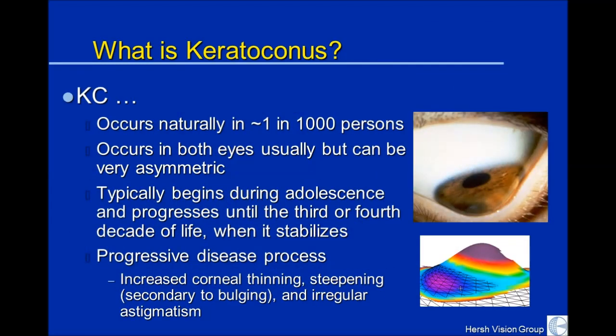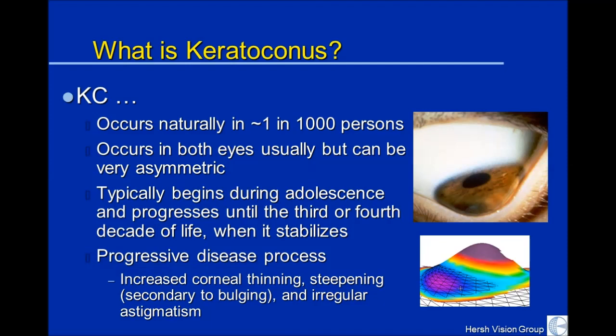Well, what causes keratoconus? Keratoconus typically occurs in around 1 in 1,000 people. It's been reported in the old literature, and this is looking back into the 50s and 60s, that KC occurred in about 1 in 2,000 people.